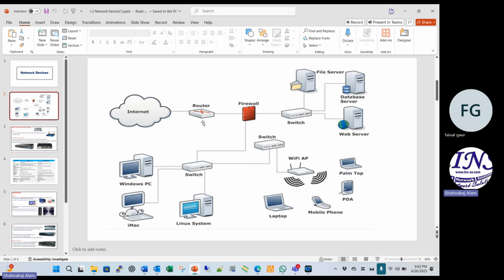Suppose you want five IPs, or you want 10 IPs. It depends on your connectivity and your network infrastructure, how many IP addresses you require. So it depends on the design, and your network is also designed the same way.